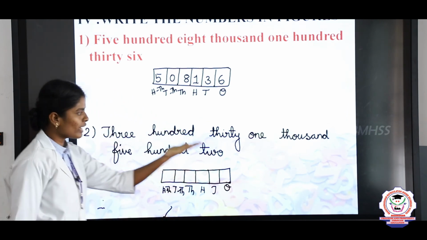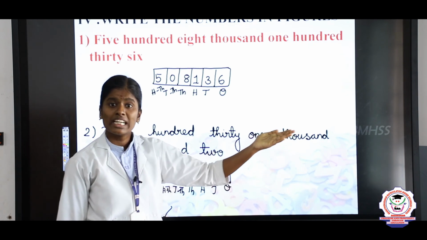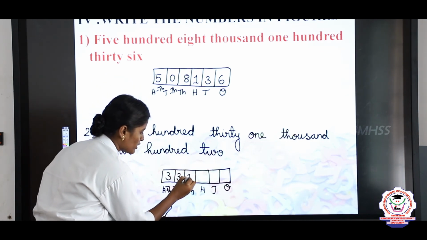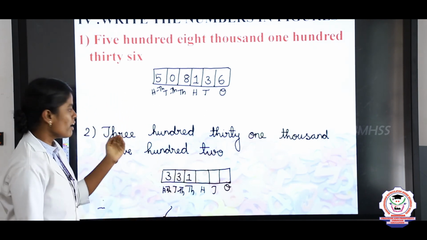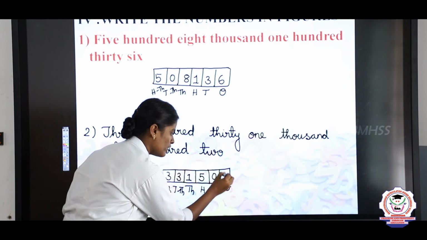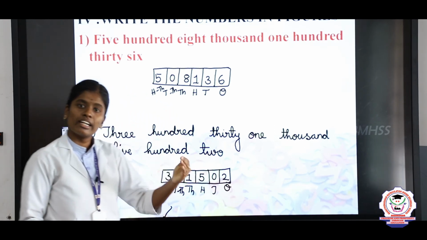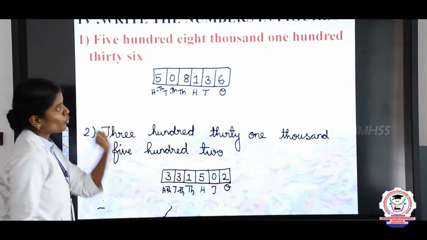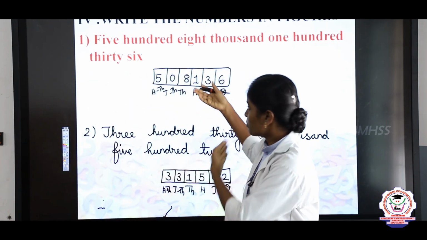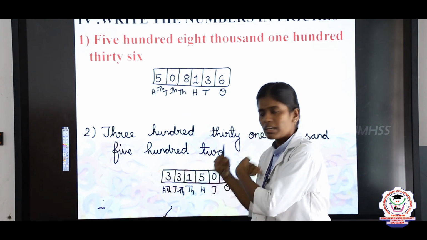Take and write 331,000, and then 502: 331,502. So what is the topic name? Write the numbers in figures. They give the number name in the international place value system, so simply you take and write the numbers.